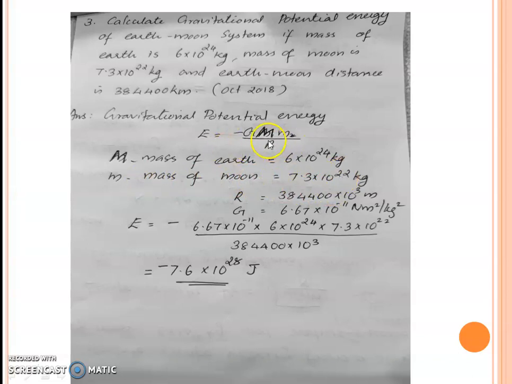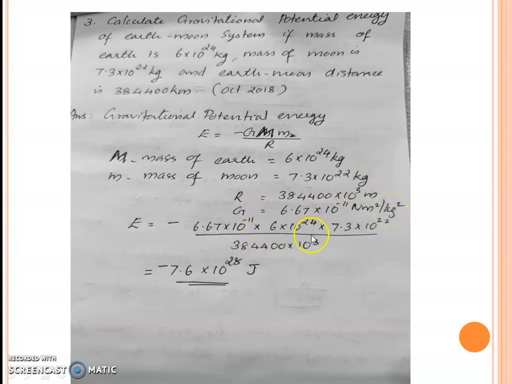You can calculate the potential energy using the same formula as we discussed in the previous question. R is also given, 38,400 into 10 raised to 3 meter. Here it is given in kilometer, but we have to convert into meter. And as we all know, G is 6.67 into 10 raised to minus 11 Newton meter square per kilogram square.